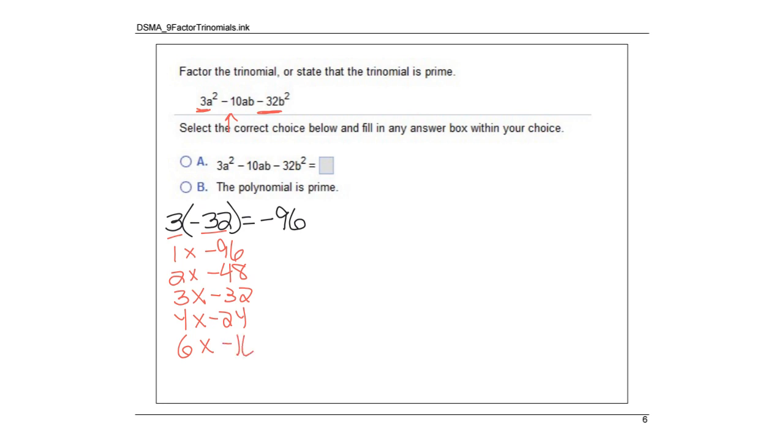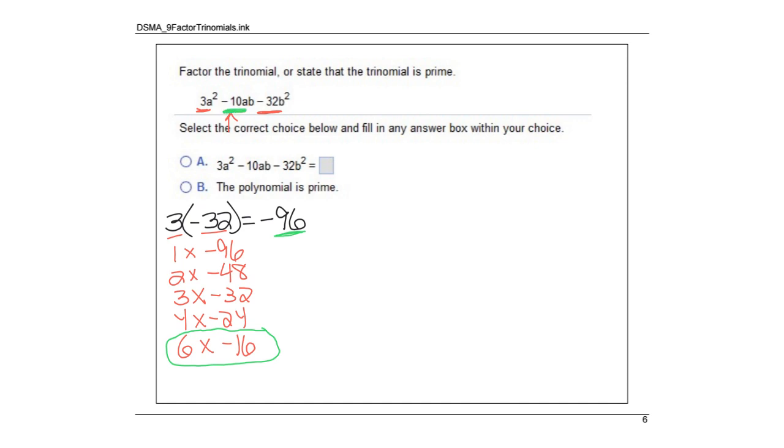Negative 16. Right, 6 goes in there once. Yep. Okay, so I can stop, even though I could go a little bit further. I can stop on this one because I can see that if I multiply 6 times negative 16, I get the negative 96. And if I add them together, I would get the negative 10 that I need up here.